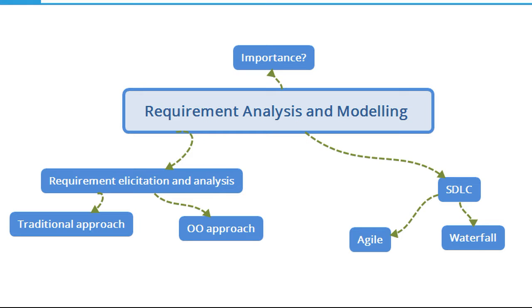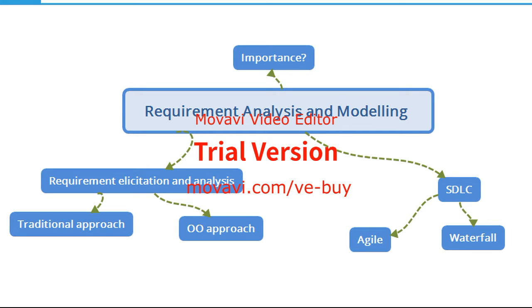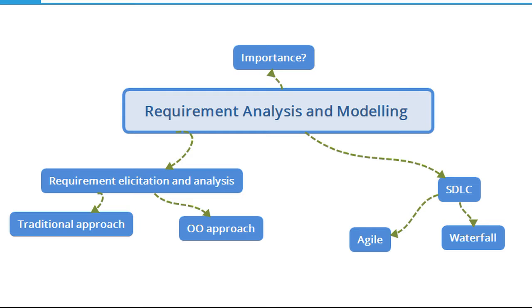Whereas the object-oriented approach involves the creation of class diagrams, use cases, use case diagrams and descriptions, and state machine diagrams. These two approaches are to be followed if an effective set of requirements needs to be prepared.